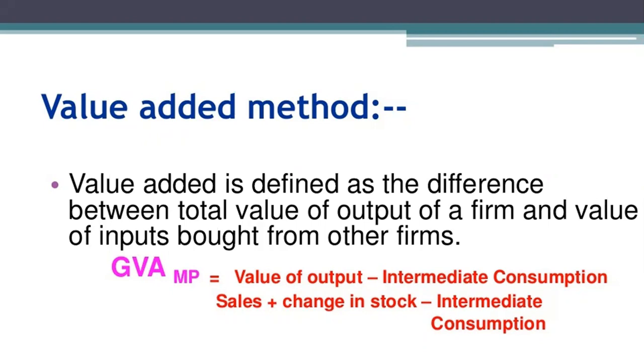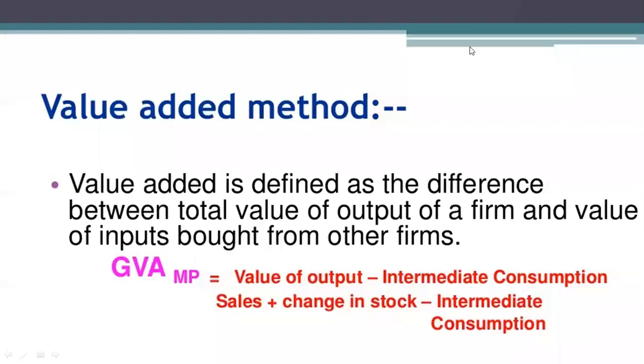It means that the baker has added the value of rupees 200 to the total flow of final goods and services in the economy. So this is the thing that is used; most of the time the value added method is used.